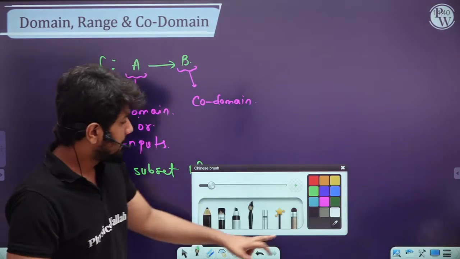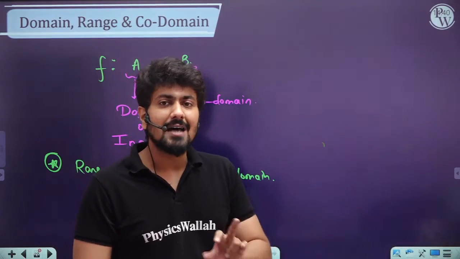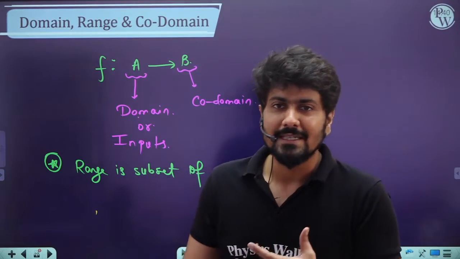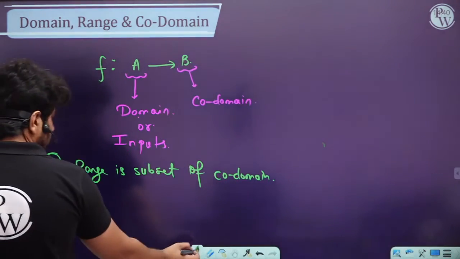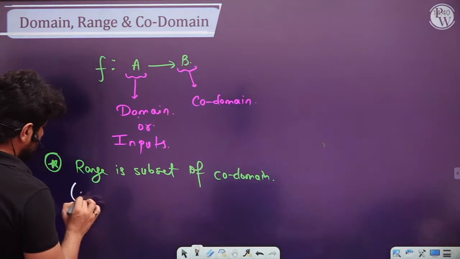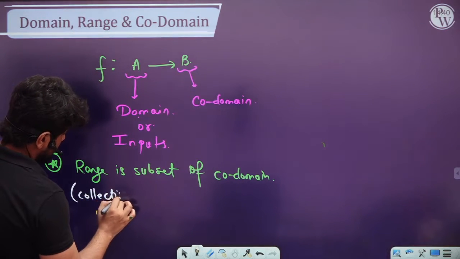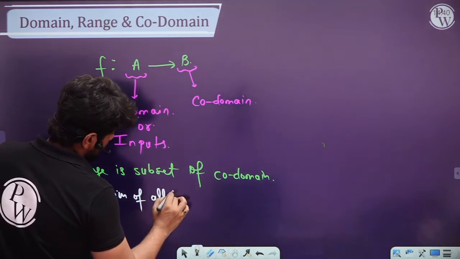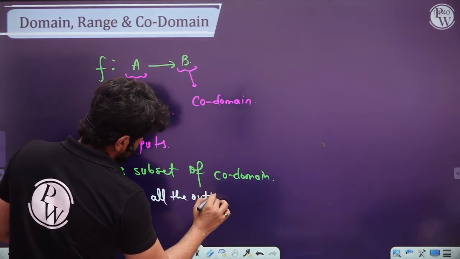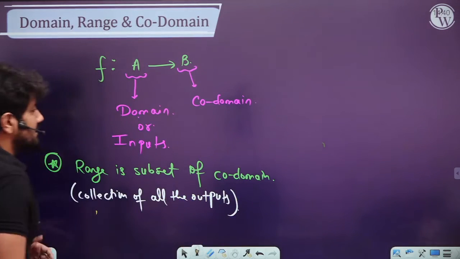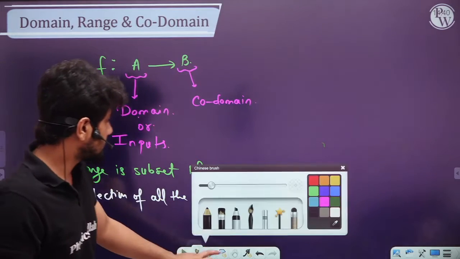Basically, what is range? Range means output. Range basically means outputs, the collection of all the outputs. That is basically what we mean by range.